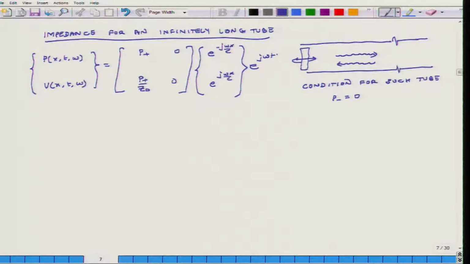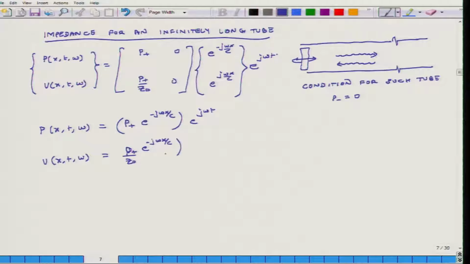Okay. So, if that is the case, then P of x, t, omega equals P plus e to the minus j omega x over c times e to the j omega t, and U of x, t, omega is P plus divided by Z naught times e to the j omega t. Okay.